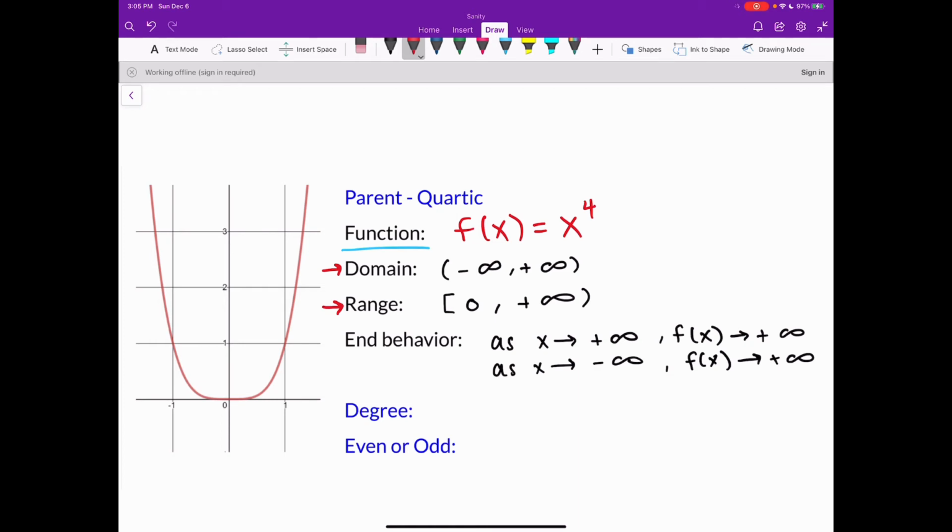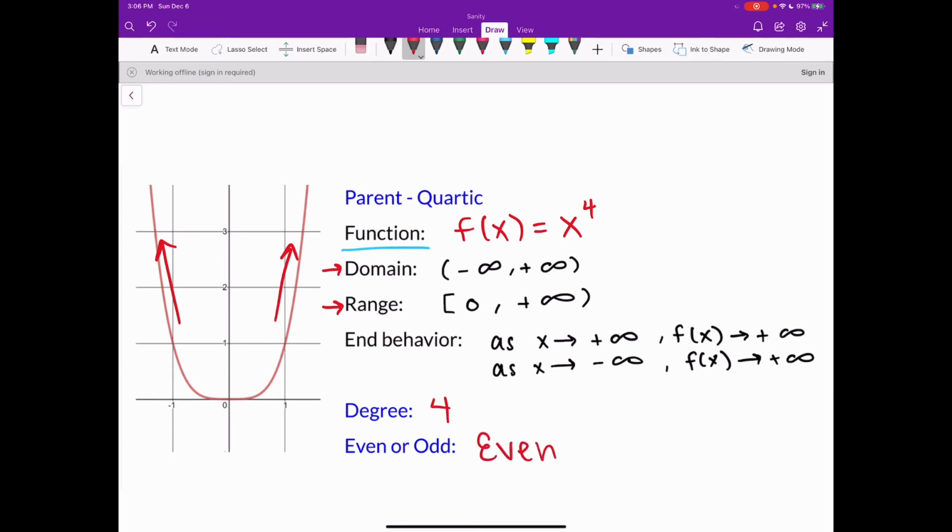So our range could be thought of as anything from 0 all the way up to positive infinity for those y values. End behavior, again, we see that it's the same on both ends. Doesn't matter if x is going to positive or negative infinity, f of x is still increasing on both ends to positive infinity. The degree of this is degree 4, and it's an even function.